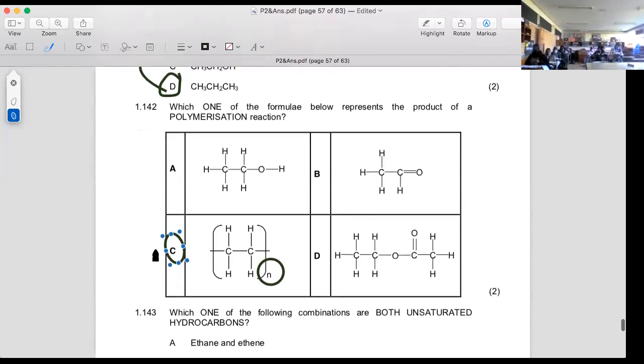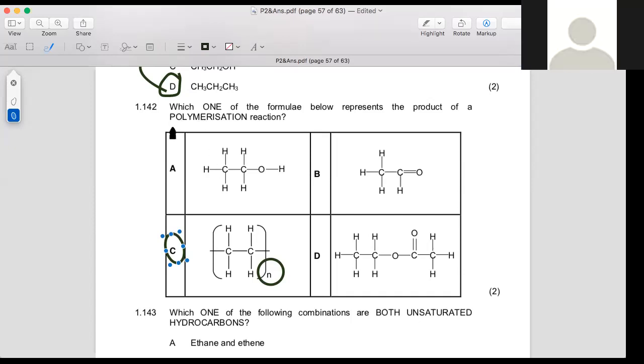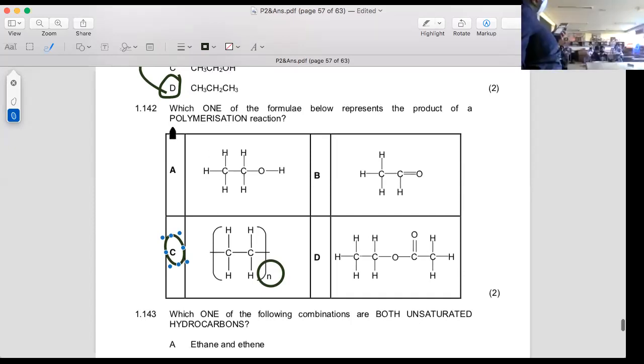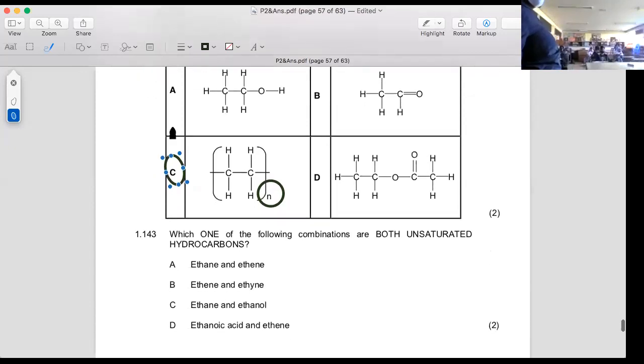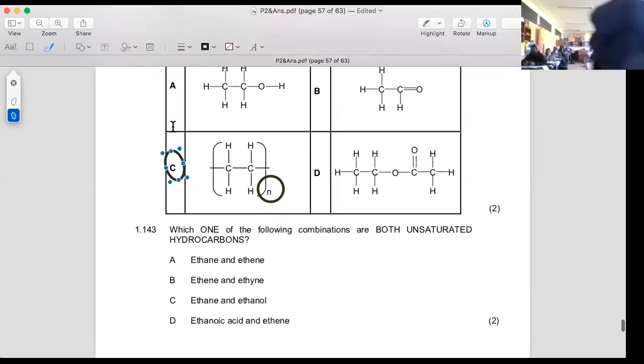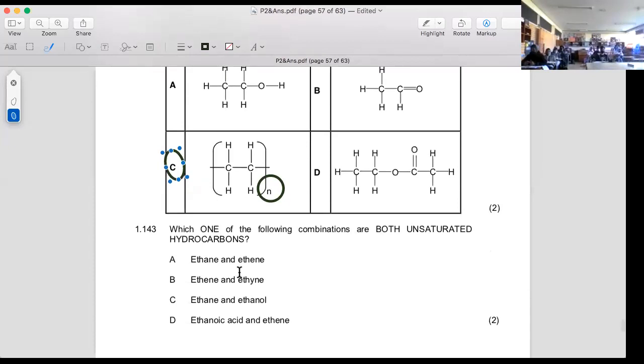That is C. C, because it's got that N, which means this is a repeating unit. This is the monomer that makes up the polymer. It actually will in the next 3 minutes. Okay, there we go. I can hear you guys. Can you still hear me?